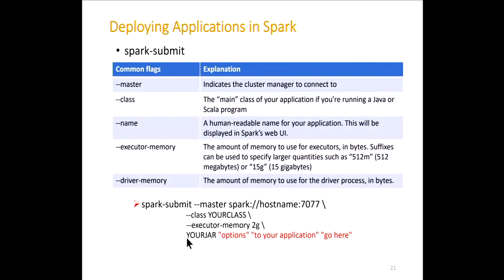You can put other options here too, like if I want to load another jar file, like dependencies. Depending on whether there are other libraries you're calling, you need to include them here and say what I want to load in order to execute my application.